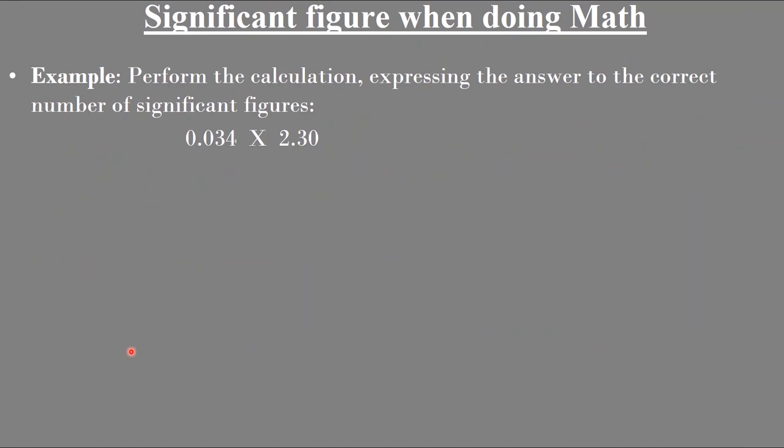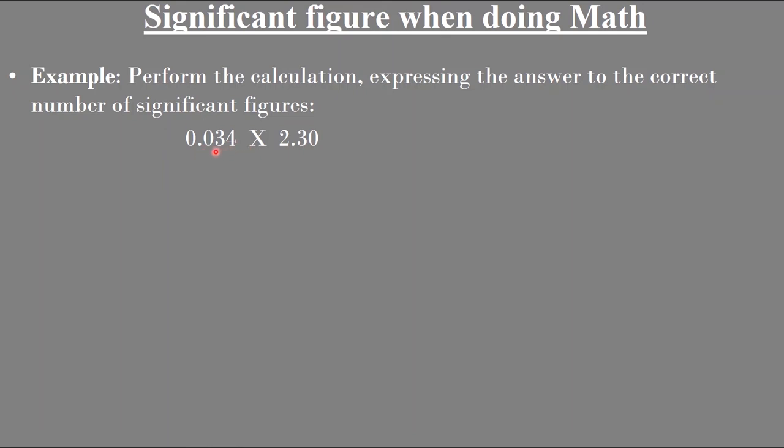So here I have an example. We have to perform the calculation and show our answer to the correct number of sig figs. So remember, the first step is to determine the number of significant figures in each number being multiplied or divided. Here we have a multiplication. In this measurement, these two zeros are leading zeros. They are never significant.